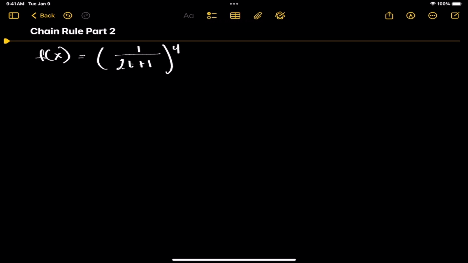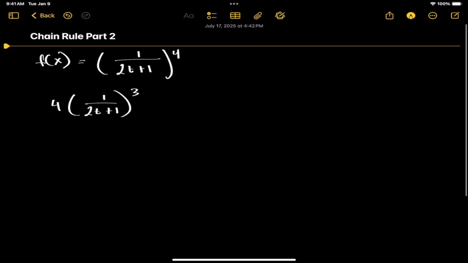So as always, we take the derivative of the outer function, which is going to be 4 times, we're going to keep that inner function inside the parentheses, and we're going to have 3. So always subtract 1 from that exponent. And now we have to take the derivative of the inner function, which is 1 over 2t plus 1.